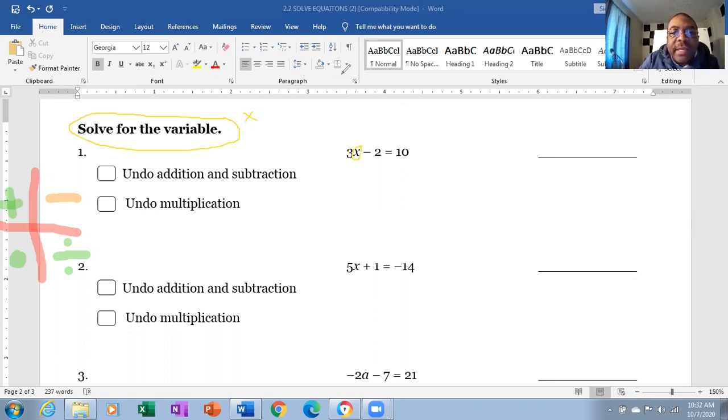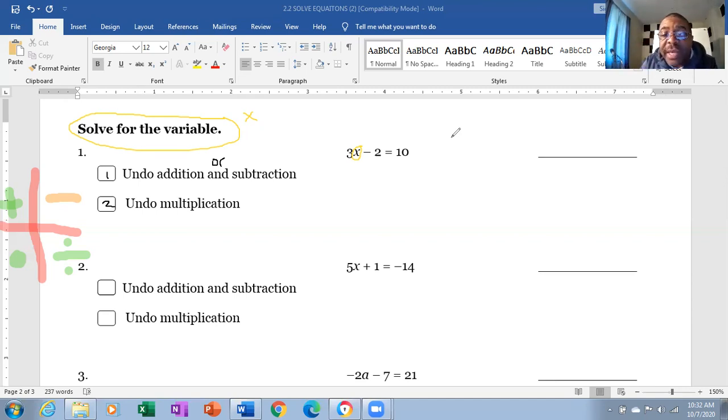So the first thing that we're going to do, the very first thing, number 1, is we're going to undo addition and subtraction. So let's look at the addition. I see 3 times x minus 2. Now, minus 2 and negative 2 are the same thing.